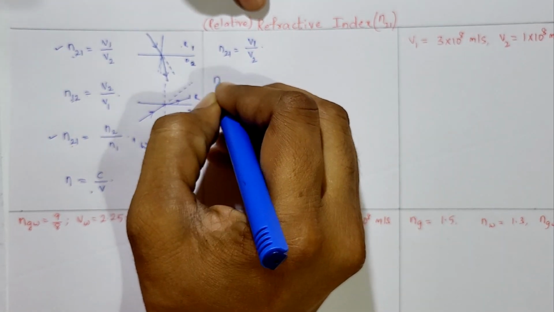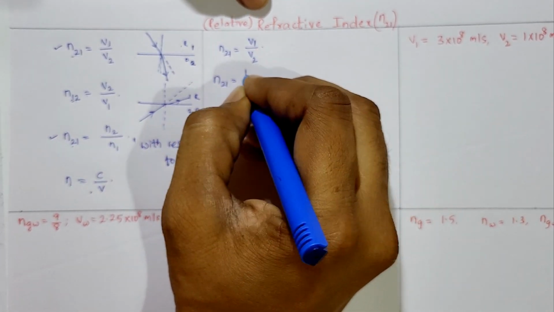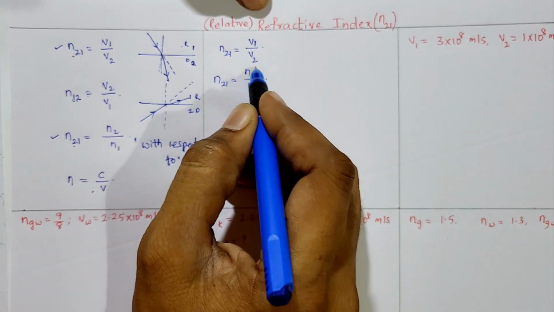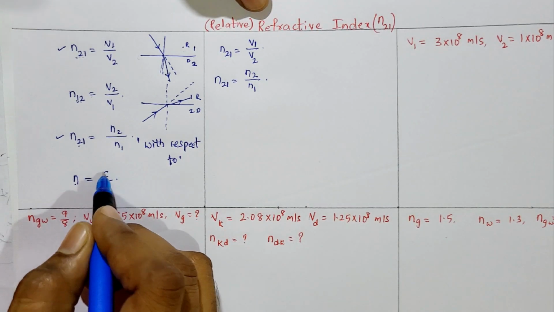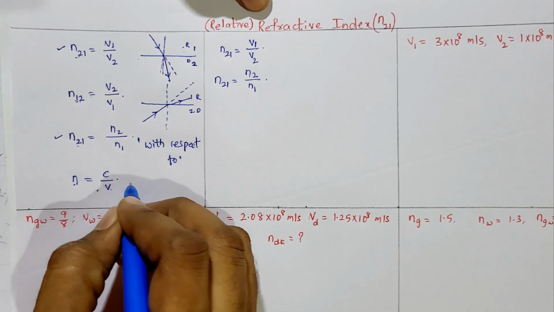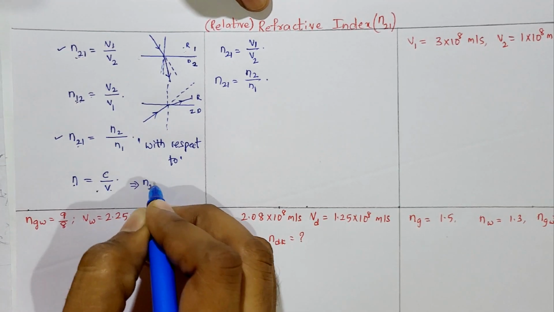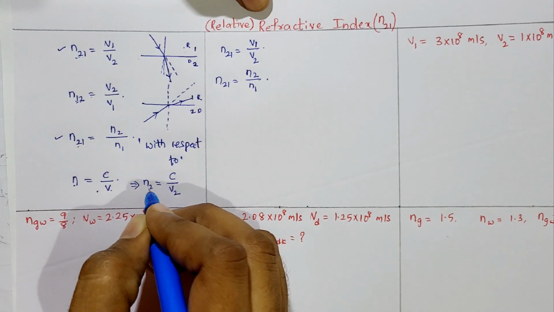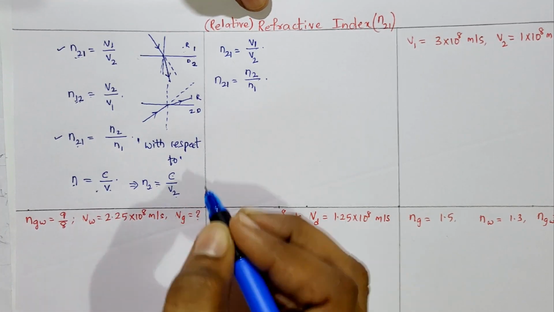See now, n21 is equal to n2 divided by n1 also. What is n? n is c by v. So we can write n2 is equal to c divided by v2, and in the same way n1 is equal to c divided by v1.